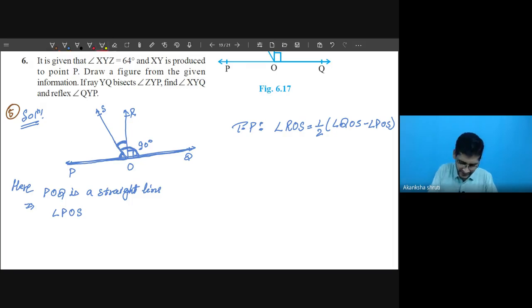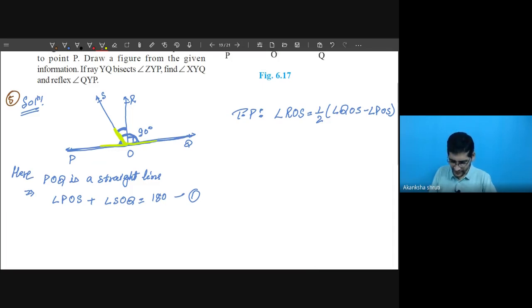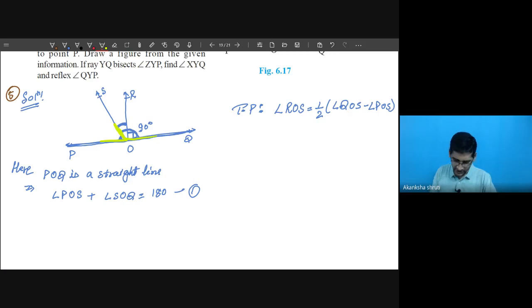This angle POS, I am marking in this yellow, plus angle SOQ. This value is how much? This is a straight line, so it is 180 degrees. You just take this as equation 1. What is SOQ? Student, SOQ is this angle. Then it is forming the straight line. So this one thing we have written. It is just correlating these two angles.